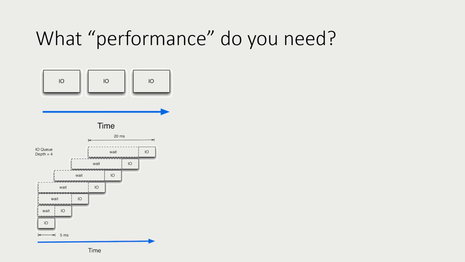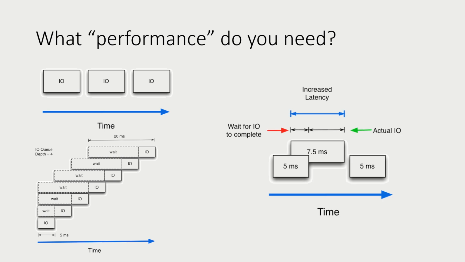So IOPS and latency. What are they exactly? It's all these little operations coming to the CPU and ultimately to the drives. Now think of a supermarket. Your checkout points are your hard drives. If you have a single checkout point and all the customers arrive at the same time, there'll be queuing and a wait, which means increased latency on how long a customer or an operation needs to be handled.